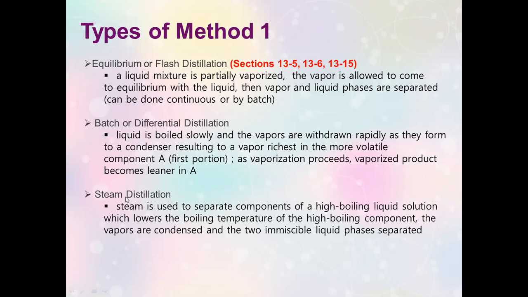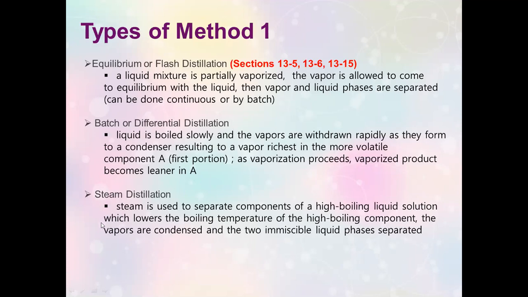In the case of steam distillation, steam is used to separate components of, take note of the specific application, a high boiling liquid solution, which by the use of steam lowers the boiling temperature of the higher boiling component. The vapors are condensed and the 2 immiscible liquid phases separated. What is unique about the last method under method 1 is that it's using steam.